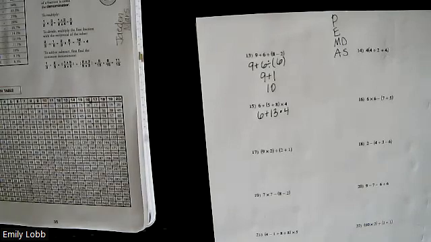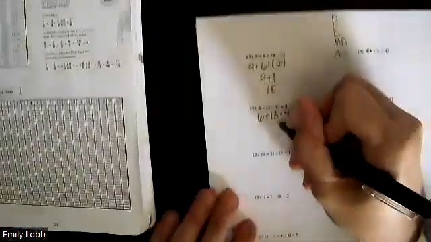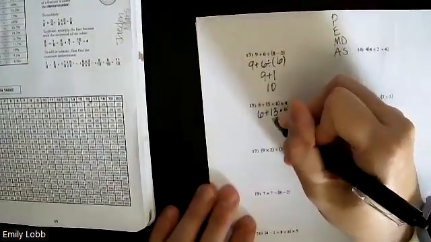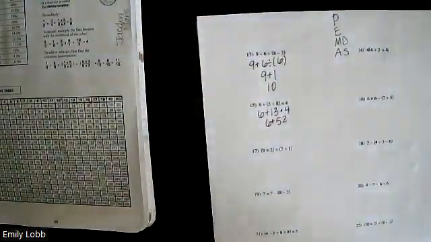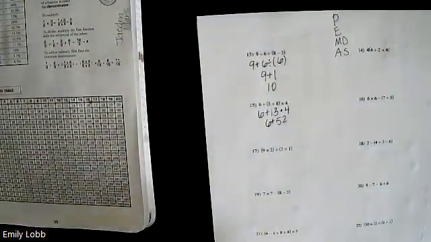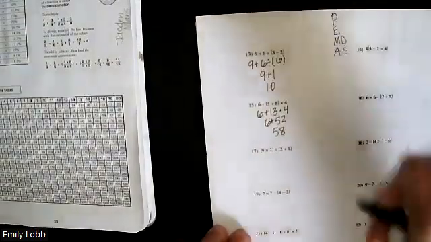I don't know what 13 times 4 is, but I know 12 times 4 is 48. So what's 4 more? 52. And that's being added to the 6. 6 plus 52, good, is 58. Well done.